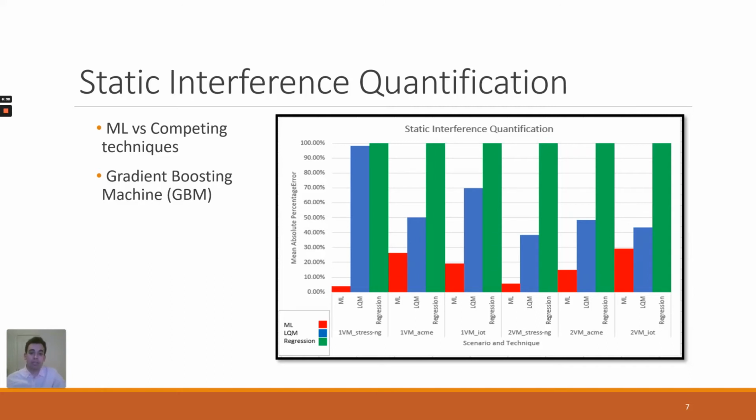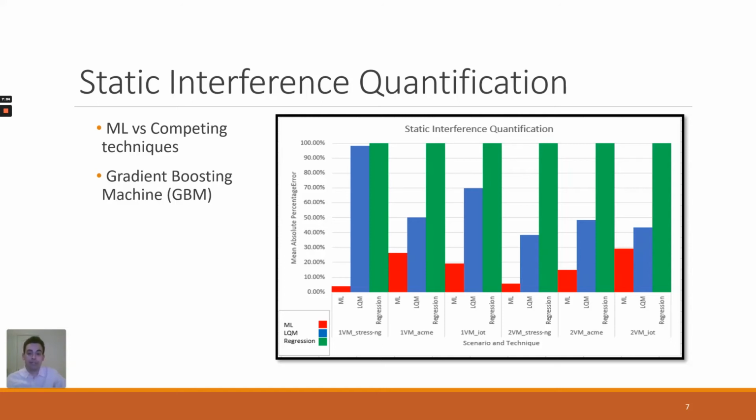It's important to note that static interference modeling works well when the application owner knows what interfering applications may be co-located on the same virtual machine as the target application. The results above represent a scenario where the interfering application encountered at runtime is the same as that encountered at training time.